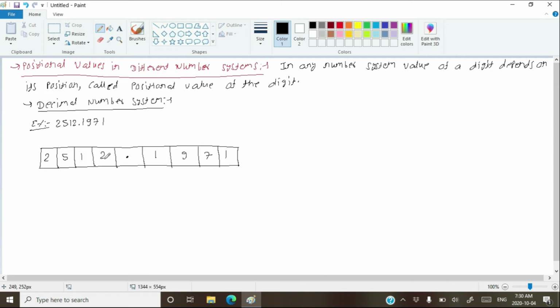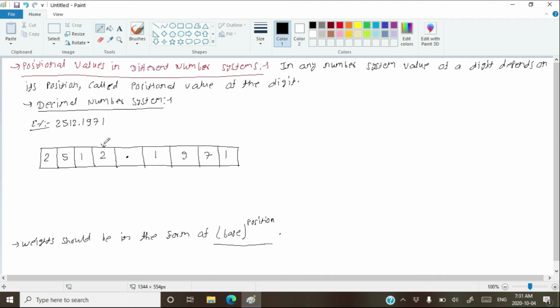Whatever values are present in the non-fractional part, give them weights. Weights should be in the form of base to the power position. We need to give this weight to all the digits in this number according to this formula. Provide them weights starting from right to left.